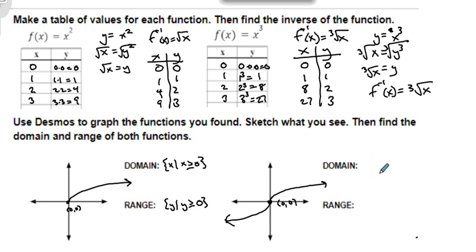In our domain, there's really nothing you can't put in this. So we like this one because this is our good friend, all real numbers. And then our range is also going to be all real numbers, because you can get any positive or any negative value. You have to put in a huge or very small x value to get that, but you can get it. I hope this is interesting to you and making you think a little bit.